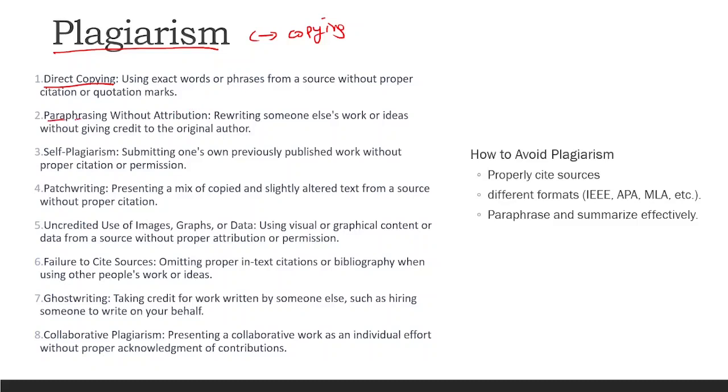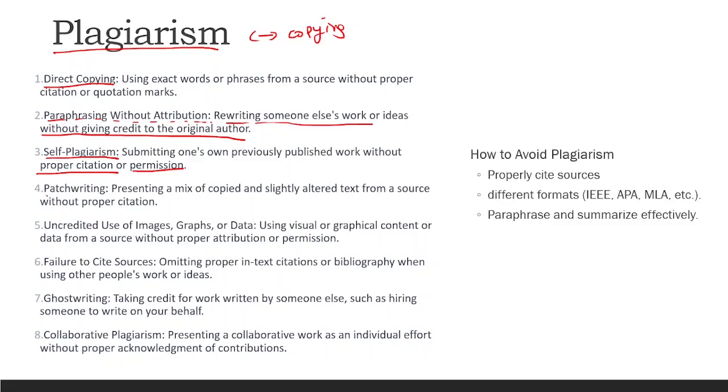You cannot paraphrase without attributing the original work. So if you just rewrite someone else's work as if it was your idea without giving credit to the original author, that is plagiarism. You cannot self plagiarize. That is, if you have one work that you have already written, it should not be rewritten into another research work without proper citation or without permission of the first publisher.